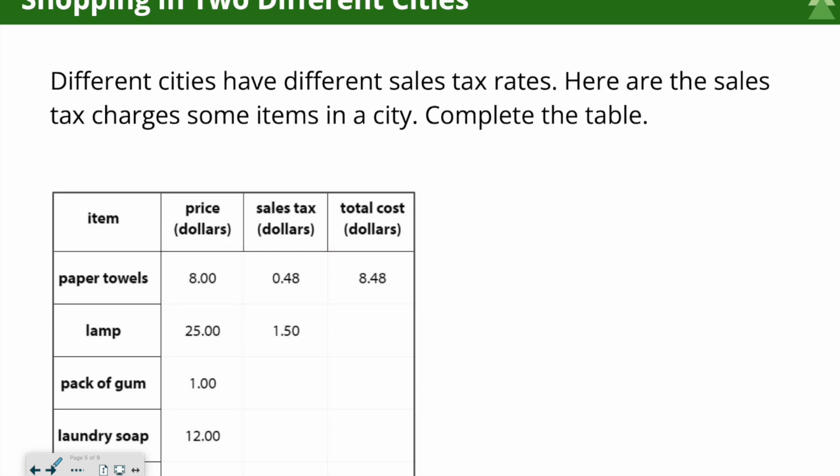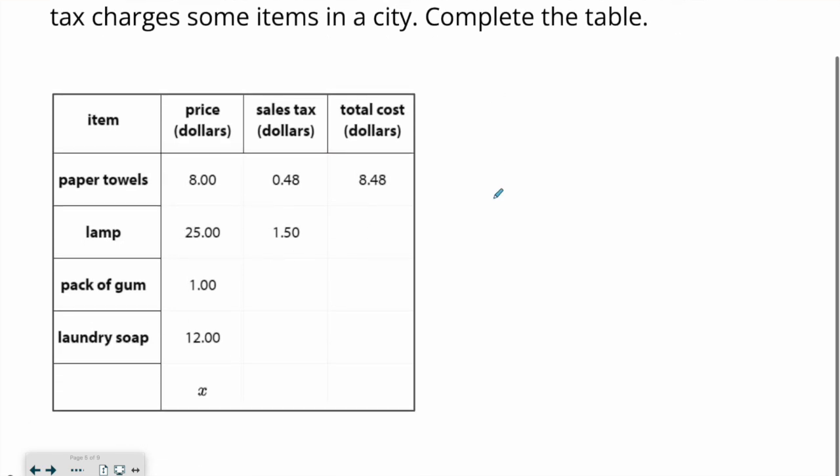And so we just looked at some items in different cities. Sometimes a city will also charge a sales tax. And we were buying some items in this particular city. And we can see the paper towels had a sales tax of 48 cents. So what did we multiply 8 by to get 48 cents? Well, 0.48 divided by 8 is 0.06.